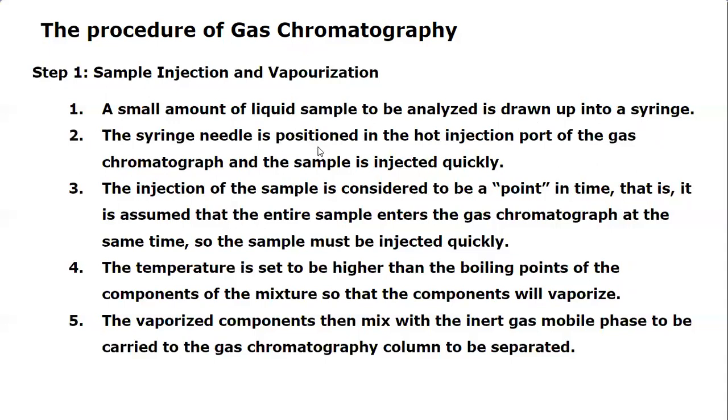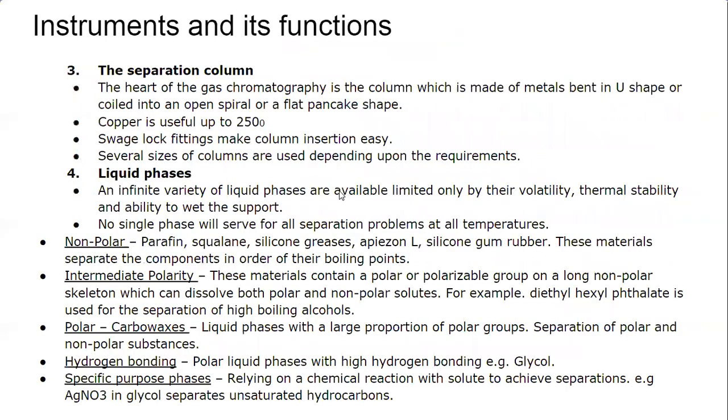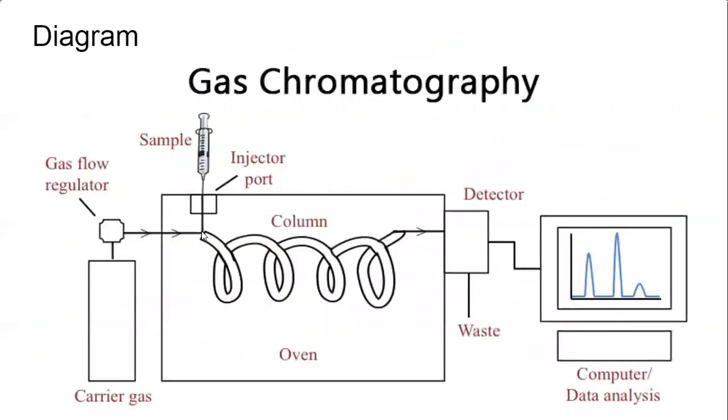The syringe needle is positioned in the hot injection port. The injection should be made into the hot port of the gas chromatography chamber, and the sample is injected quickly. This needle is directly attached to the column through this hot chamber. If you look at this, this is the syringe, this is the needle.